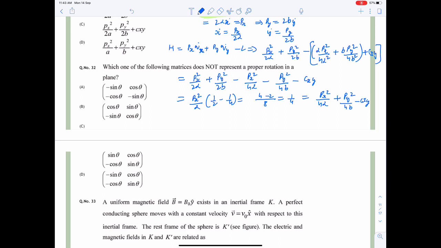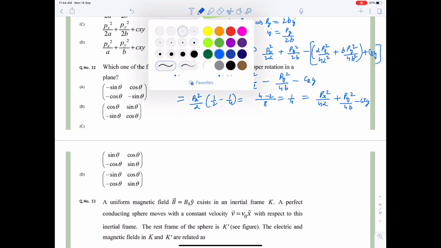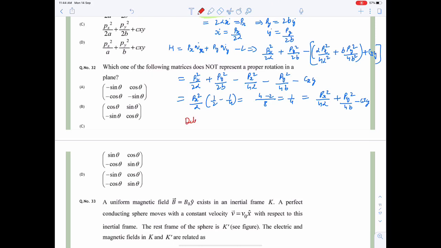To do this type of sum, the concept of a rotation matrix is that the determinant of every rotation matrix should be 1. I can write here in red that the determinant of a rotation matrix is 1.